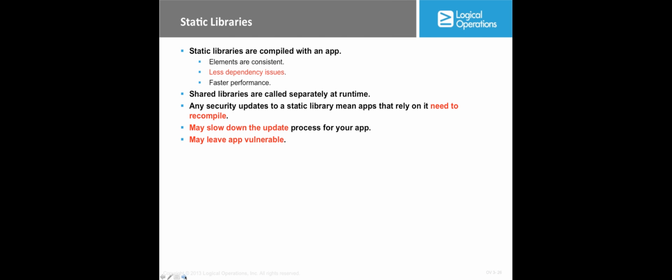So static libraries are like code element libraries that are compiled within the app itself, right? So it calls for efficiency. Obviously, if my app doesn't have to go out and use other services or instances, it reduces the possibility of interdependent issues.